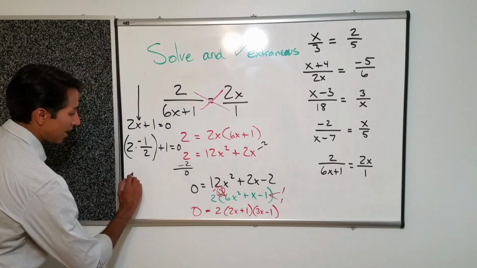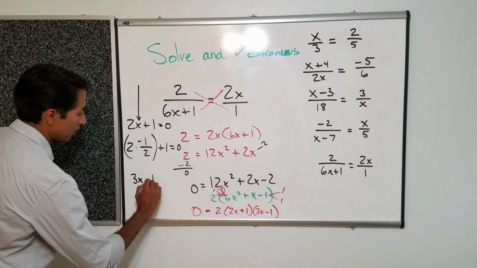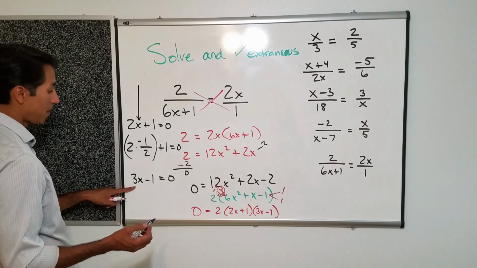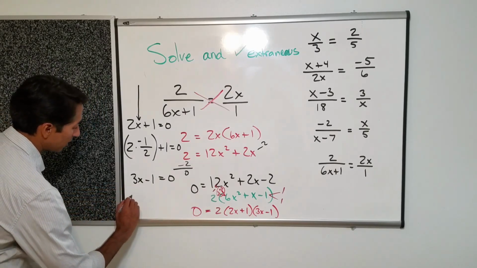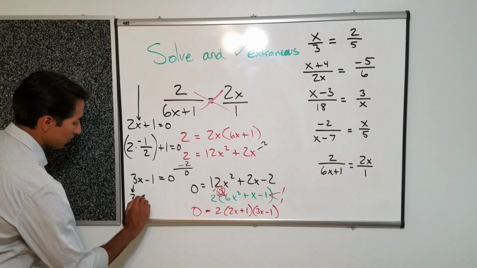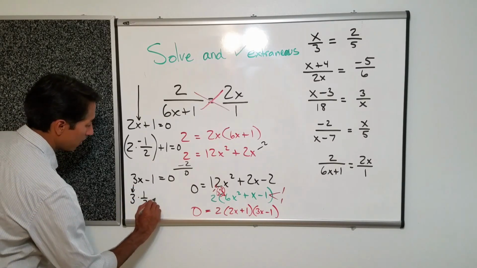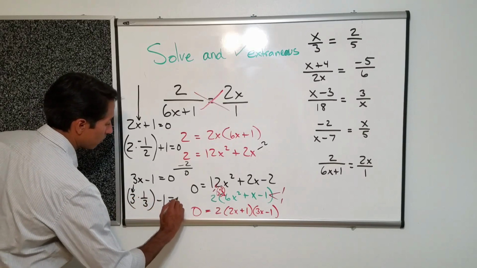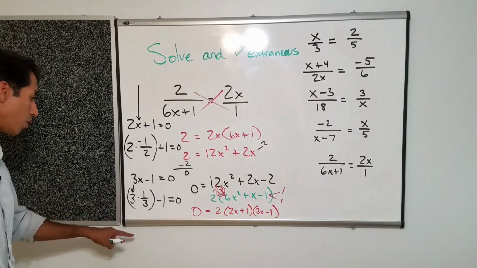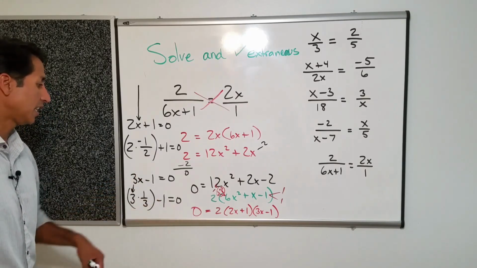For this one, it's 3x minus 1 equals 0. So I need this to be a positive amount. I do the same thing. 3, which is this right here, times 1 over 3 minus 1 equals 0. Because this gives me 3/3, which is 1 whole. 1 minus 1 equals 0.